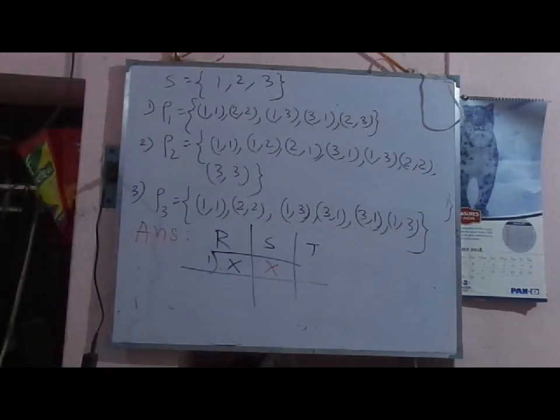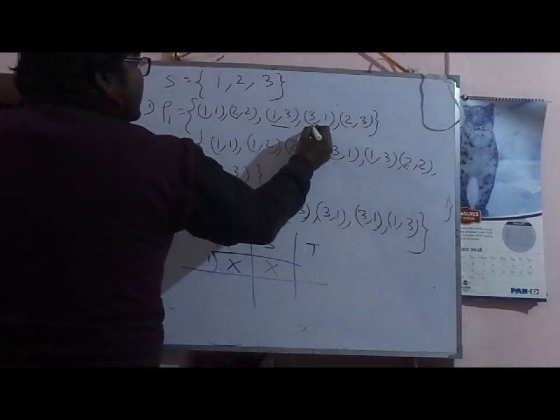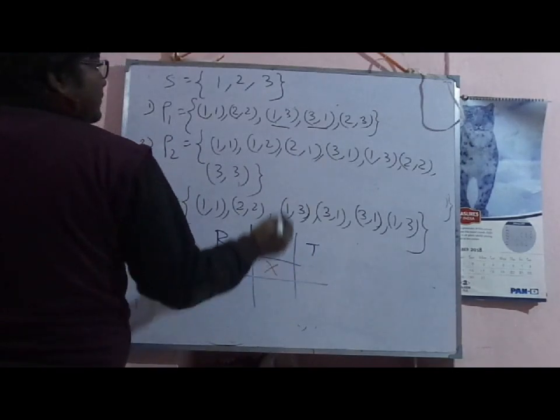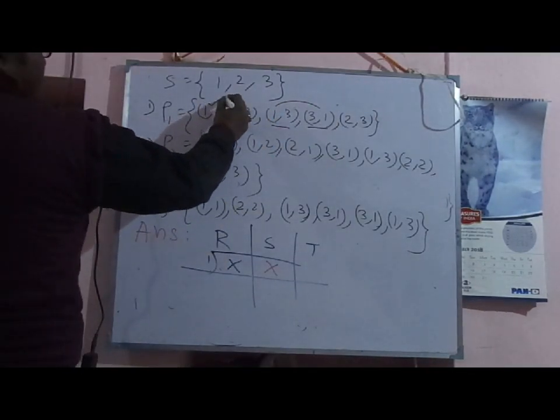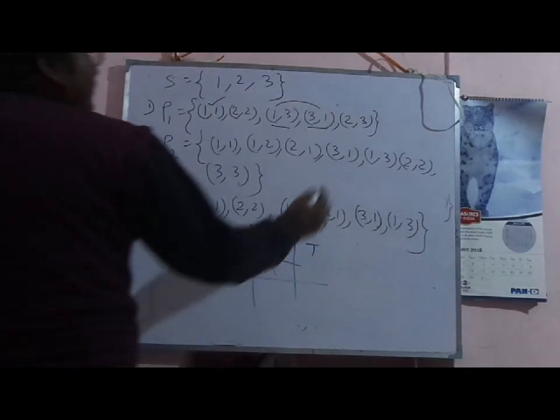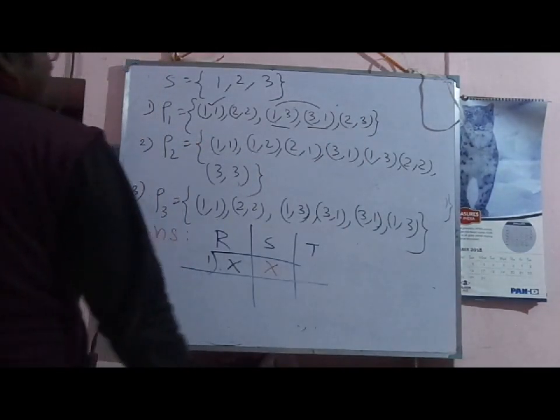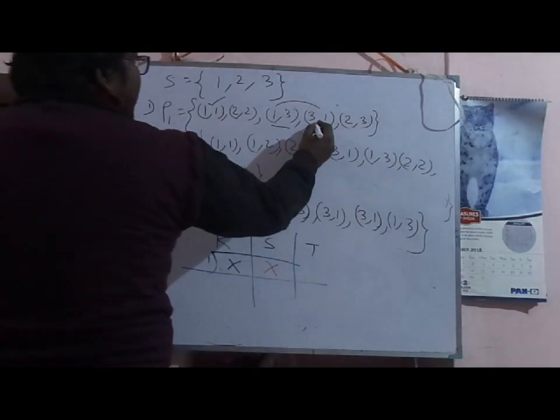Is this transitive? The answer is no, because here (1,3) belongs to rho 1, (3,1) belongs to rho 1, therefore (1,1) has to belong to rho 1, this is present, no problem. But here (2,3) belongs to rho 1 and (3,1) belongs to rho 1.